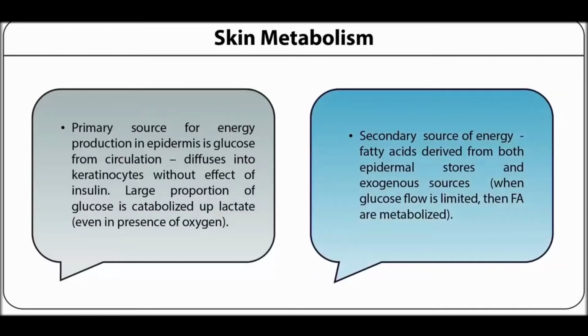The secondary source of energy in skin metabolism is derived from fatty acids stored in the epidermal tissue or sometimes from exogenous sources. This happens only when the glucose flow is limited, and then only the fatty acids are metabolized.